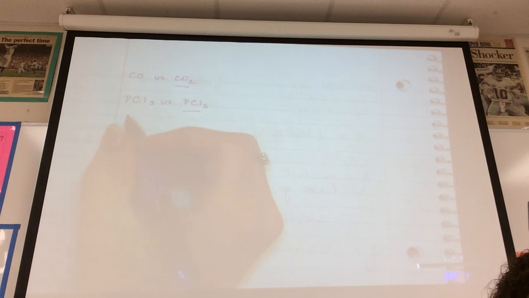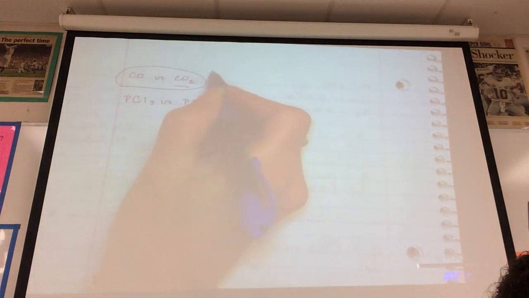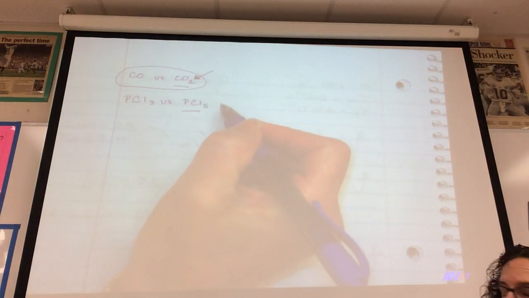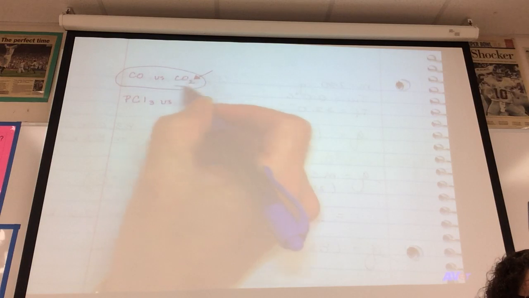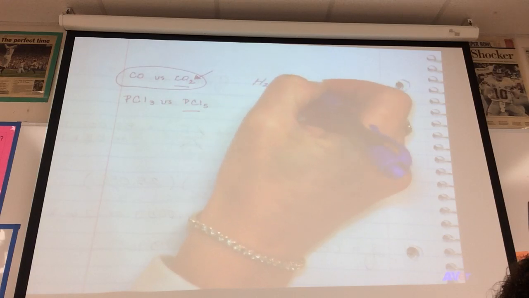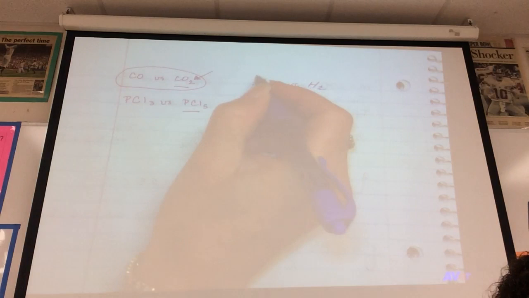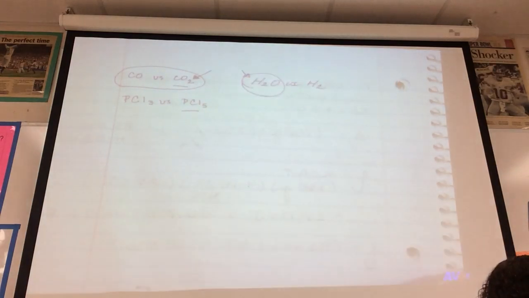Also difficult to predict on another level because, as we said previously, if you compared these two, you would predict that carbon dioxide would have greater entropy because it has more atoms. And what would you predict would have greater entropy here? H2O. And let's see if we're right.